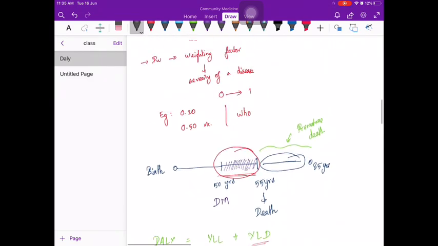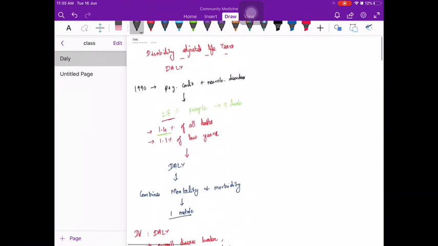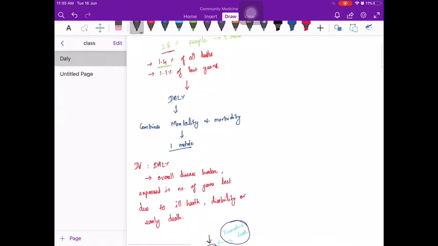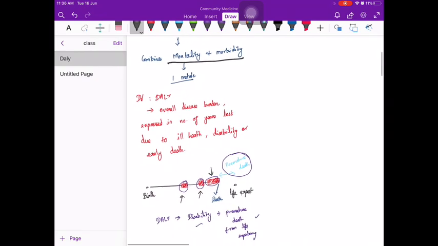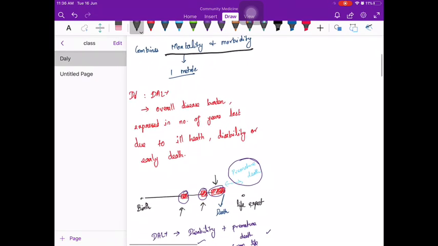Finally, to summarize, DALY stands for Disability Adjusted Life Years, and it combines mortality and morbidity indicators into a single measurement. And coming to the definition, it is the measurement of overall disease burden expressed in number of years lost due to ill health, disability or early death.